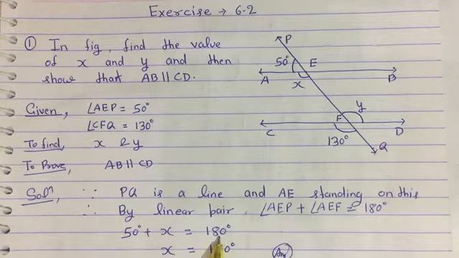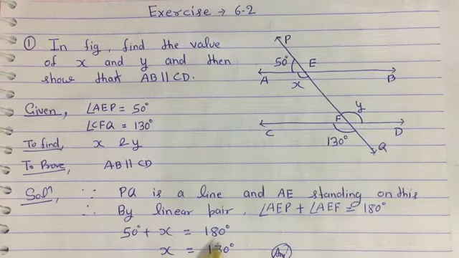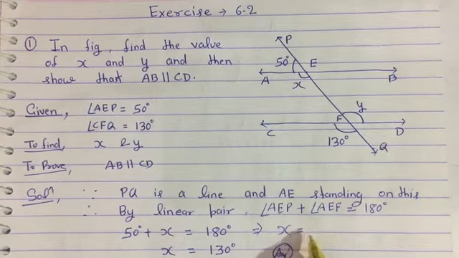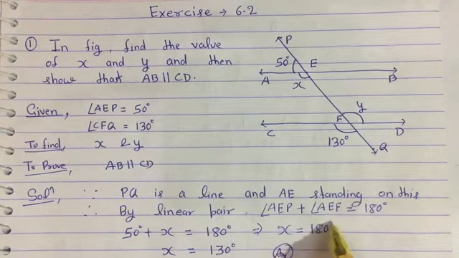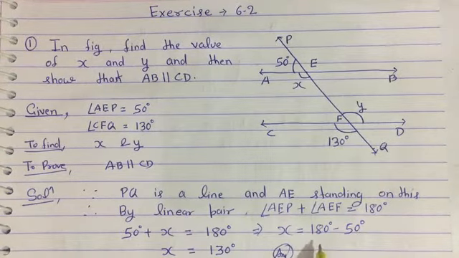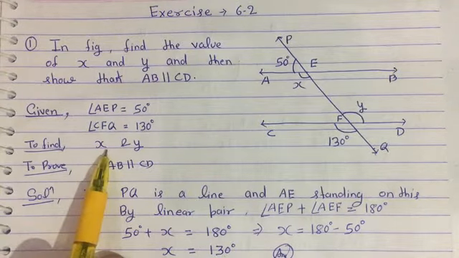Okay, when we transfer 50 to this side, then this is 180 minus 50, like this you can write it. x is equal to 180 degree minus 50 degree, and you know that 180 minus 50 is 130, so x is equal to 130 degree. This is the first answer, the value of x.